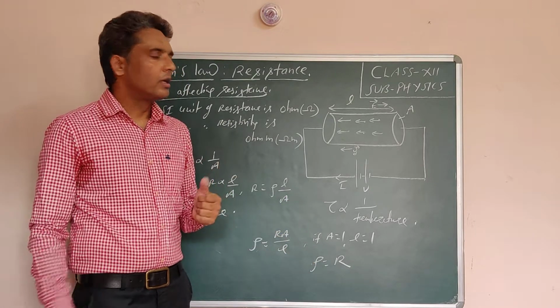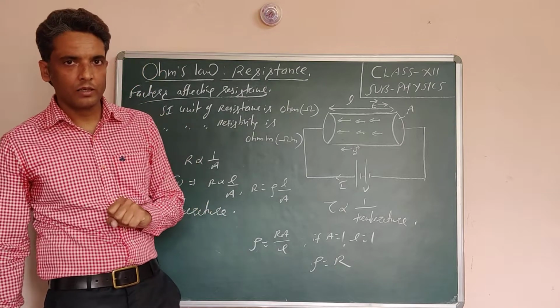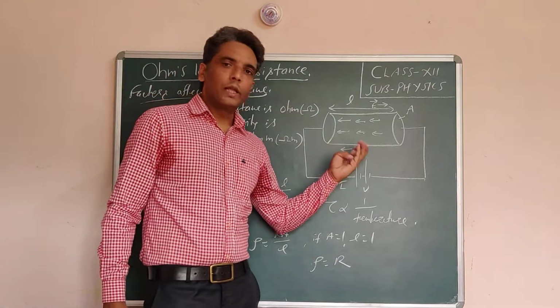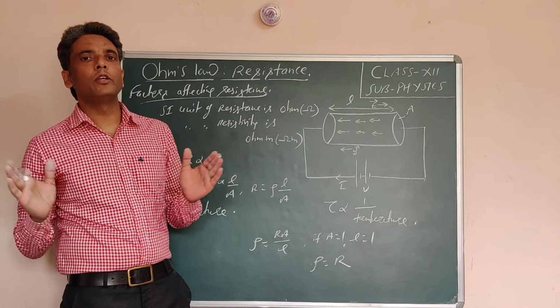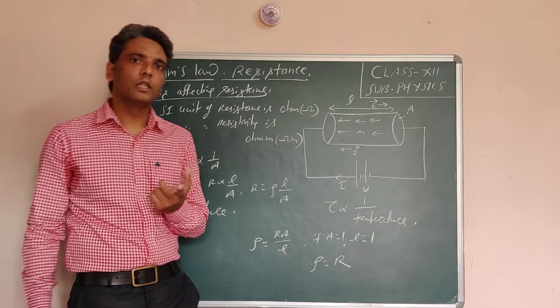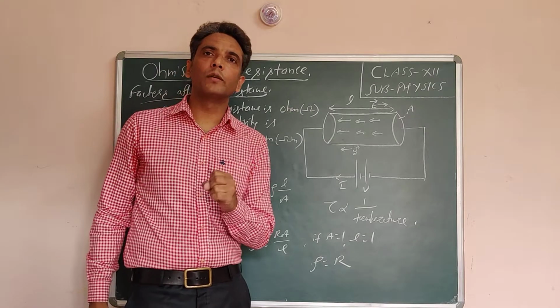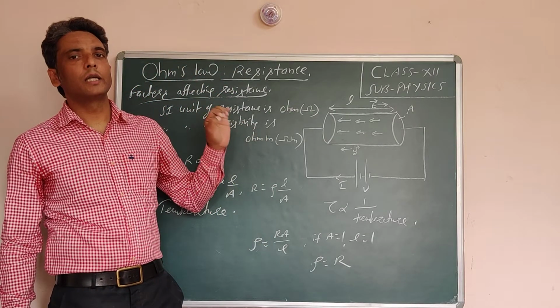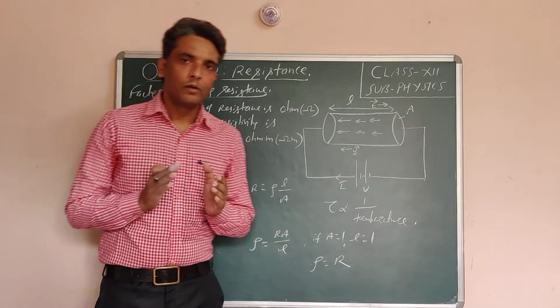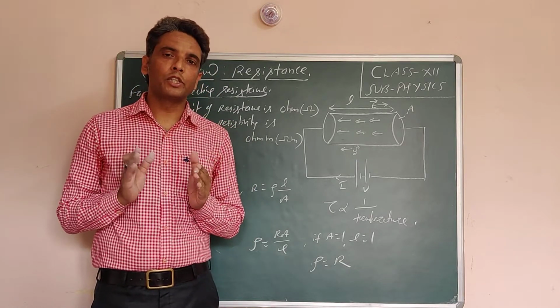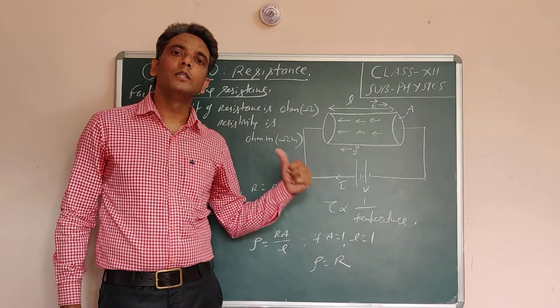For example, if I have a copper wire of length 1 meter and another of length 2 meter of the same area of cross section, then the copper wire of length 2 meter will have larger resistance as compared to that of 1 meter. But if both the wires are at the same temperature, then their resistivity will be the same.